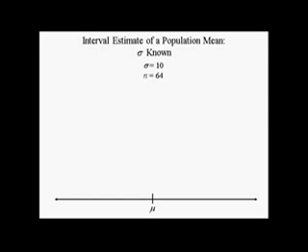On the other hand, suppose your deity reveals to you that the population standard deviation is equal to 10, and you randomly sample a population 64 times. For example, 64 randomly chosen people tell you their age. The standard error is thus equal to 10 divided by the square root of 64, which is 1.25.